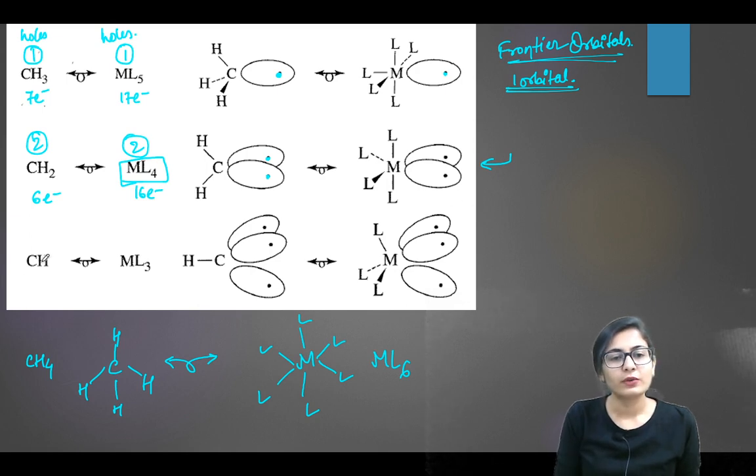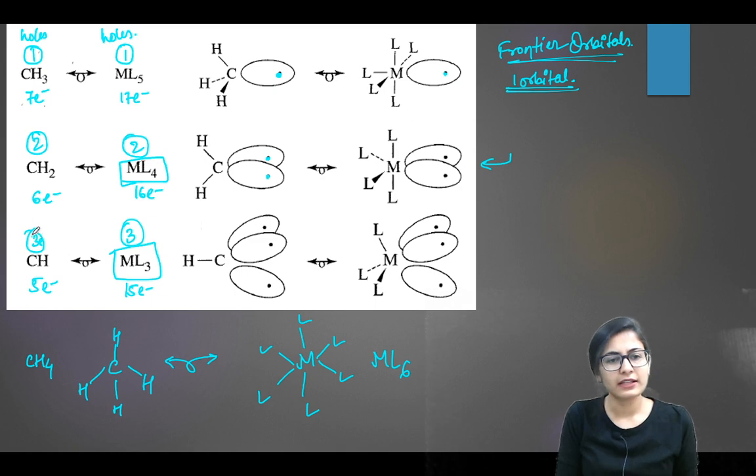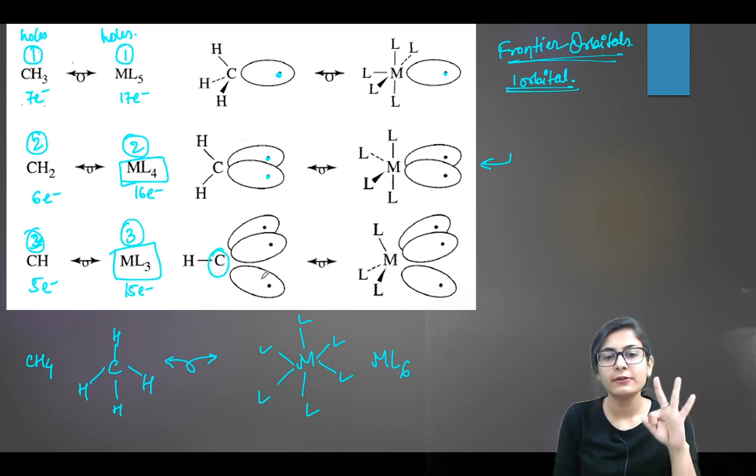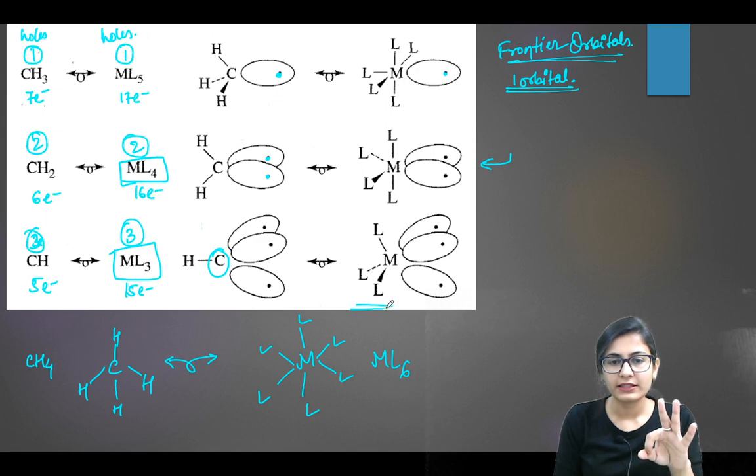Now we move onward with ML3. ML3 has 15 electrons and is 3 electrons short, so the number of holes is equal to 3. CH has 5 electrons, and both bring forward 3 frontier molecular orbitals.